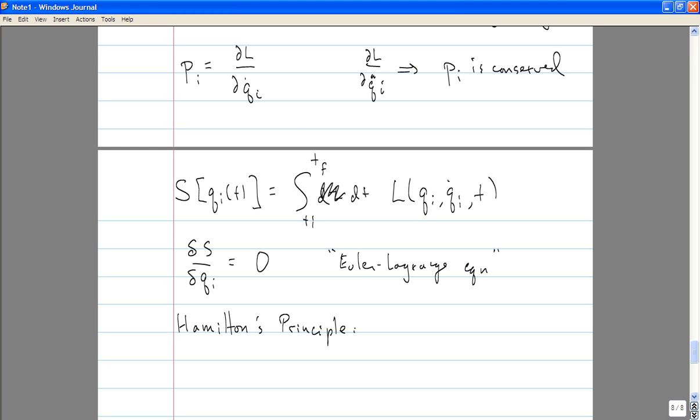And in order to derive Hamilton's principle, we needed to understand in detail various facts about functional derivatives and the calculus of variations.